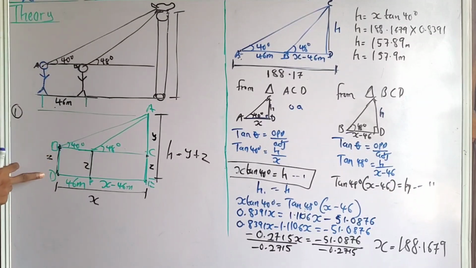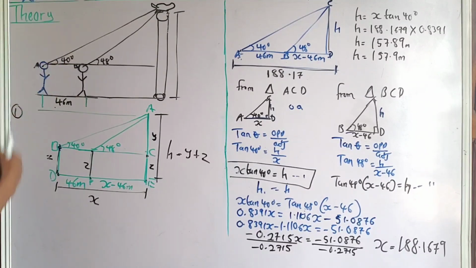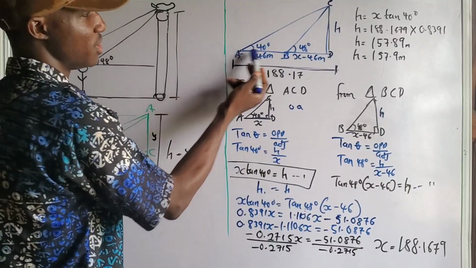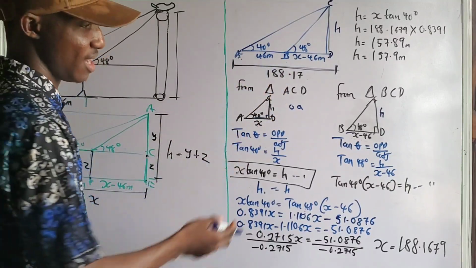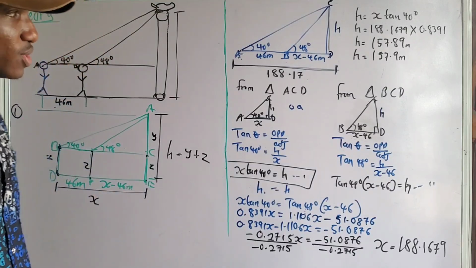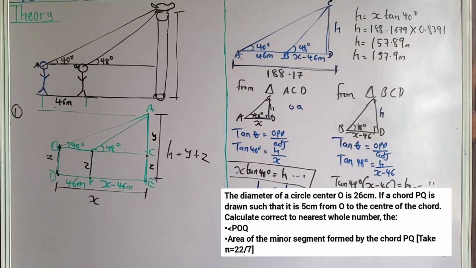We don't know the height of these people, like Abu and Badu, you understand? So they want us to neglect the height. So I proceed with this diagram. I arranged the diagram and used the necessary trigonometry formula to get the value of the height. If you have any question regarding this topic, angle of elevation and depression, let me know. Now let's look at the next question.